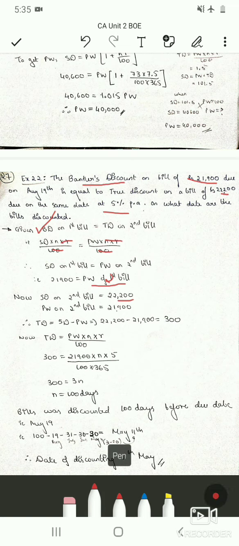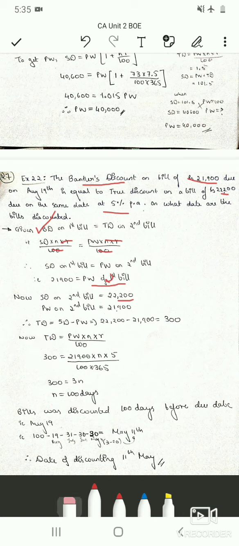So true discount is easy, therefore it is 300 equal to present worth, 21,900, and n is unknown. The rest of the terms is known, so solve for n. So we get n as 100 days because we are dividing by 365.